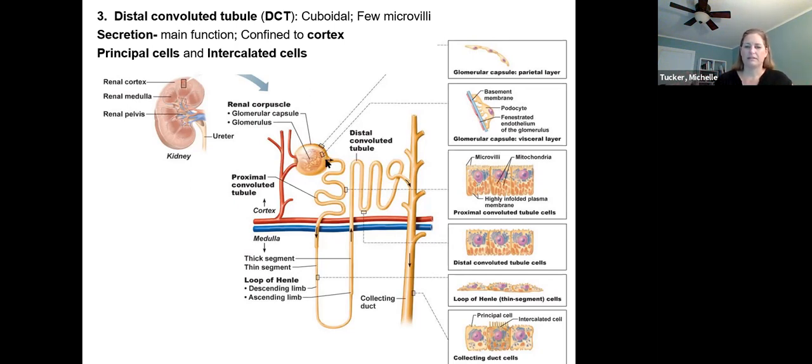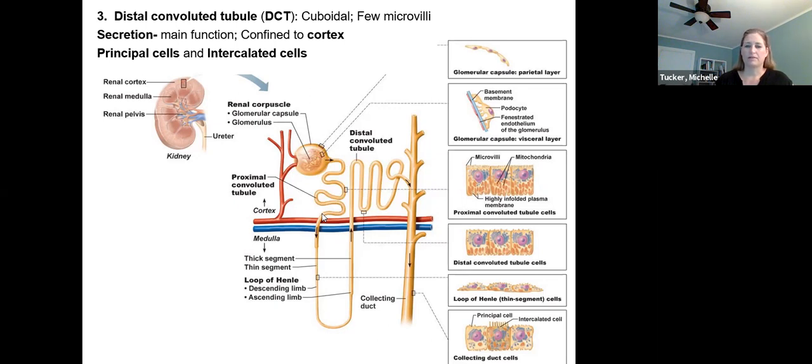Once the filtrate is made, pushed out of those capillaries, it enters the proximal convoluted tubule. So on one side, you have an afferent and efferent arteriole, and on the other side, you have filtrate entering into this proximal convoluted tubule.